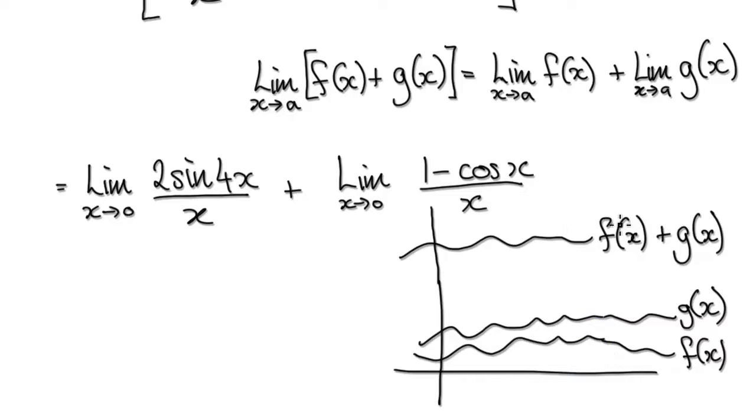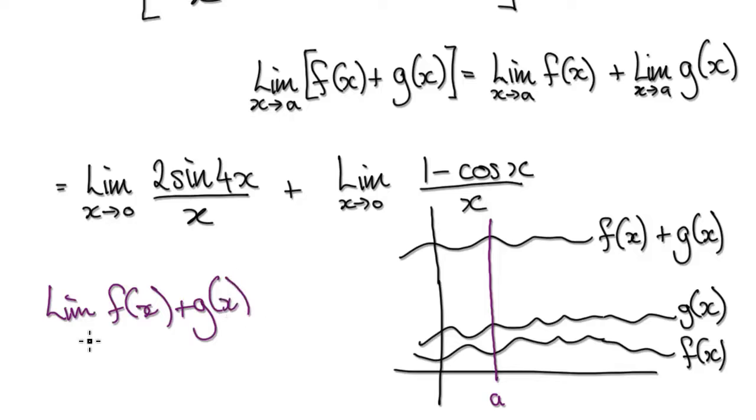So when you're trying to find the limit of this complicated thing here, let's go back to a here. When you're trying to find the limit of that complicated thing, f of x plus g of x, as x approaches a, this is saying find the limit of this function as it approaches a. So you're trying to find this point here.